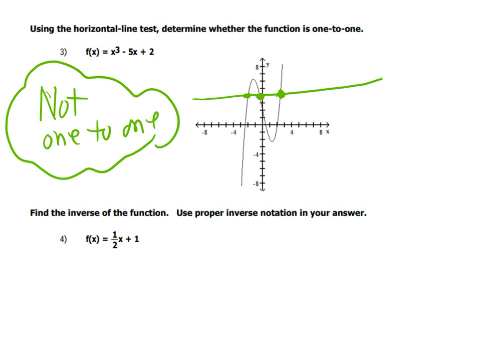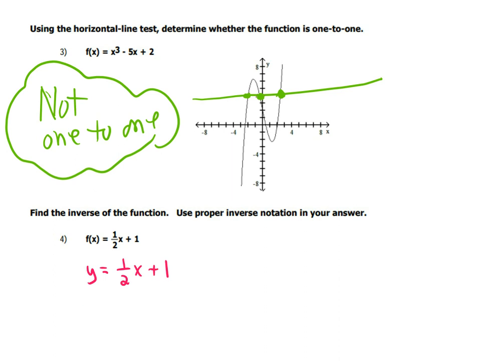4 says, find the inverse function, use proper inverse notation in your final answer. Okay. First things first, you're going to take out the f of x and put in a y. That's step 1, just to make this easier.